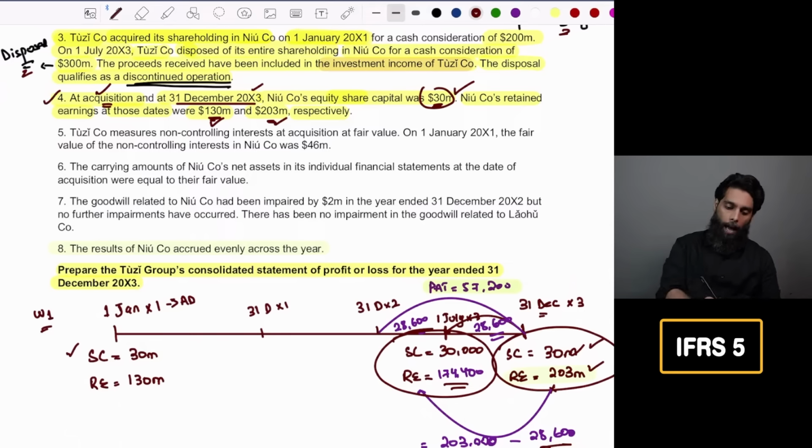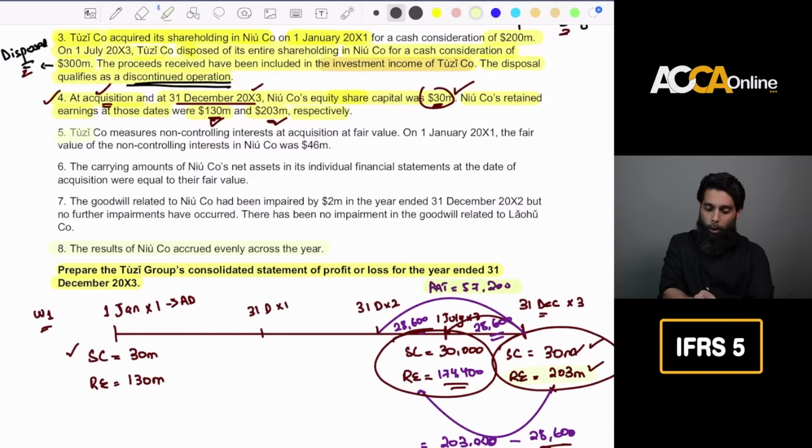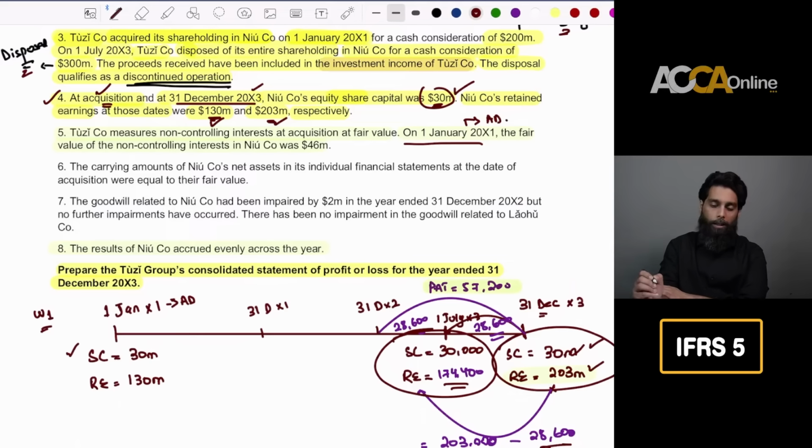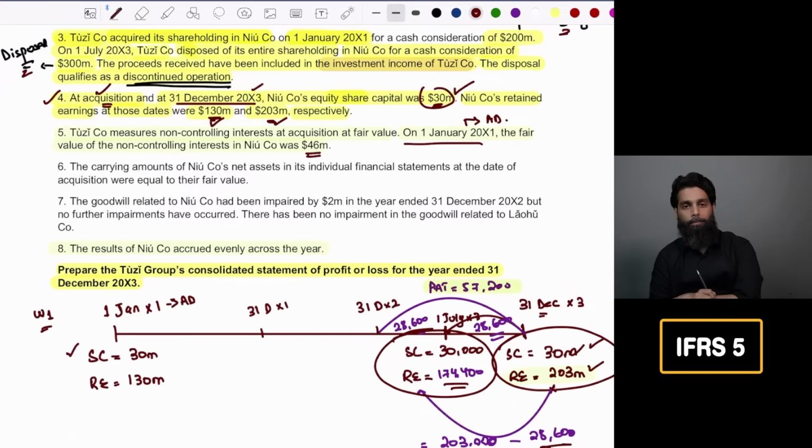So, okay, now I have realized that I have solved note number 4 as well. The examiner says the company measures non-controlling interest at acquisition at fair value. That is the full goodwill method. On 1st January X1, the fair value of the non-controlling interest, which by the way means the acquisition date, was 46 million.